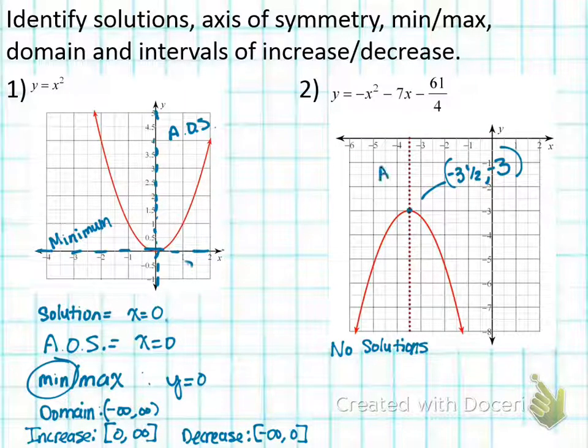This is our AOS, and we're going to identify our AOS underneath here. AOS, or axis of symmetry, is at x is equal to, and we take the x value of negative 3 1/2. Place it down there, okay?